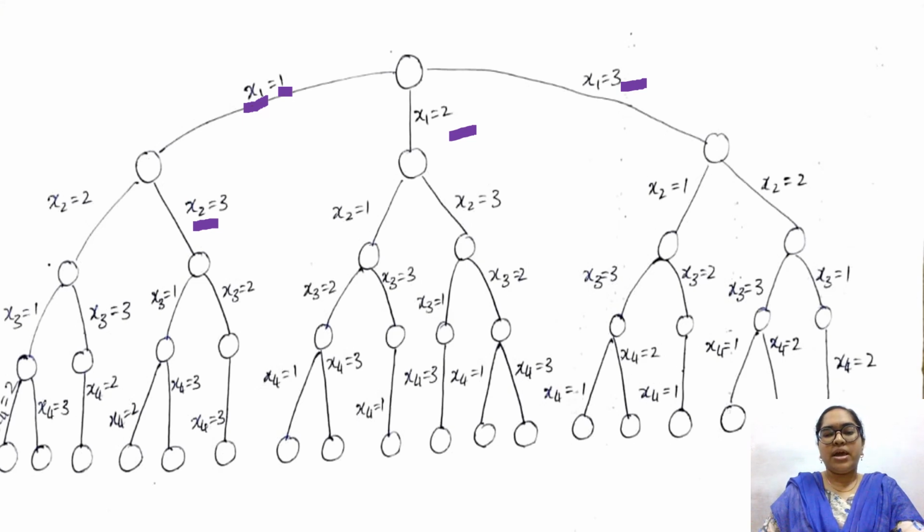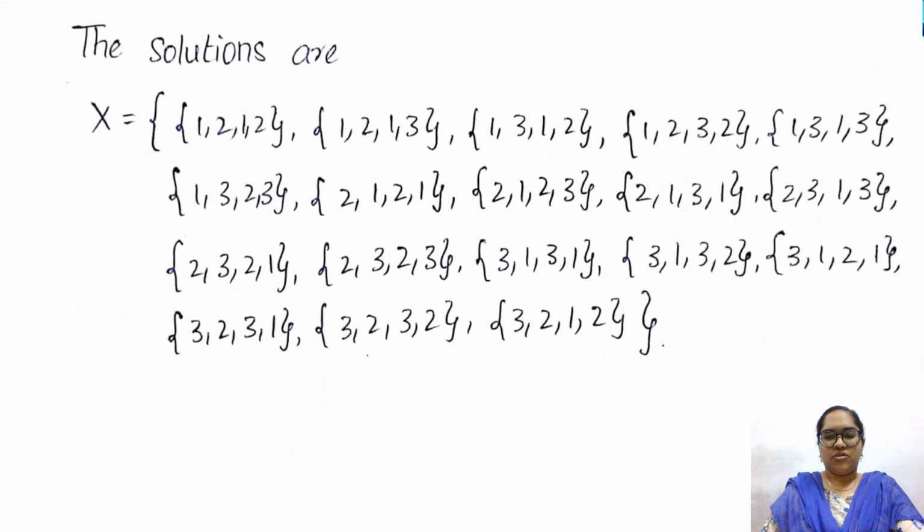So similarly we take all the possible choices that we have in the state space tree and write the solutions. So here we have so many solutions. We have 18 solutions for the four vertices graph.